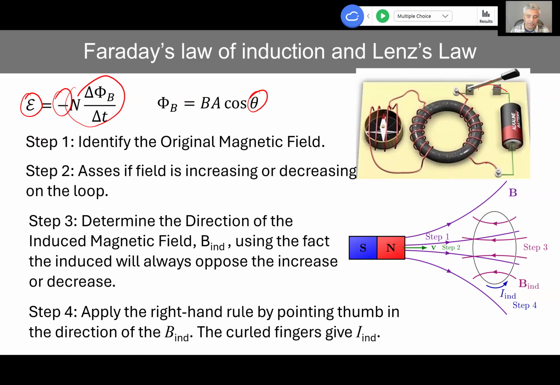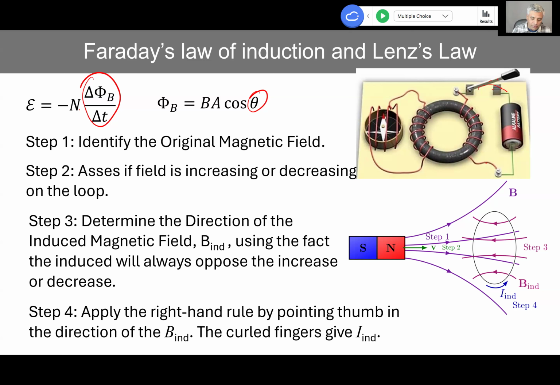Now, how about direction? The negative sign means direction, and it says the induced EMF opposes the change in flux. That gives us a clue how the EMF is going to be oriented, or in what direction current is going to be circulating.